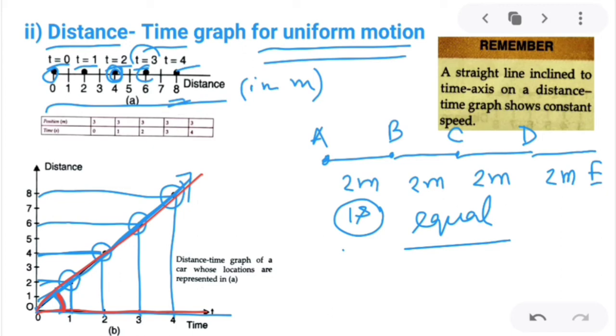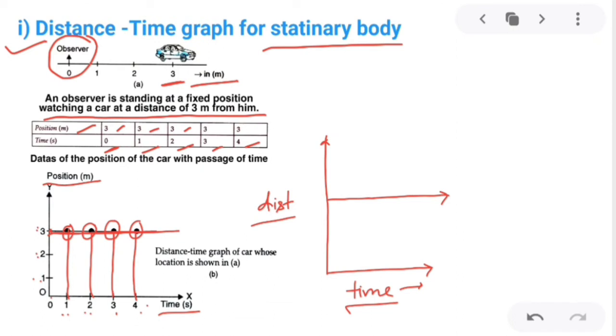Remember this. We have learned that when the object is at rest, the distance-time graph is parallel to the x-axis.